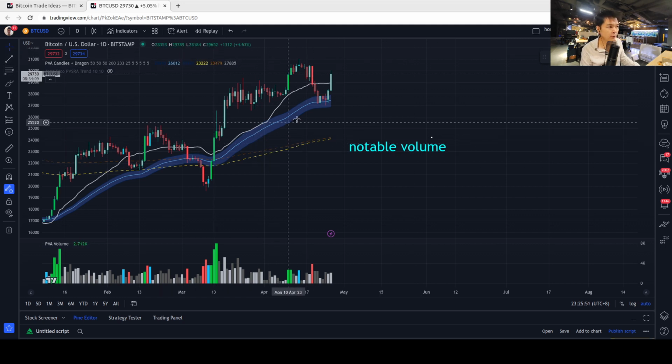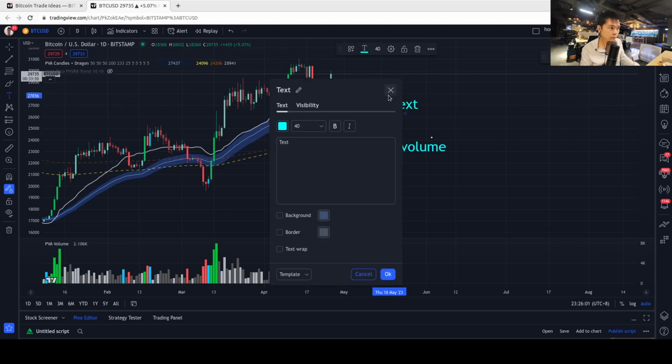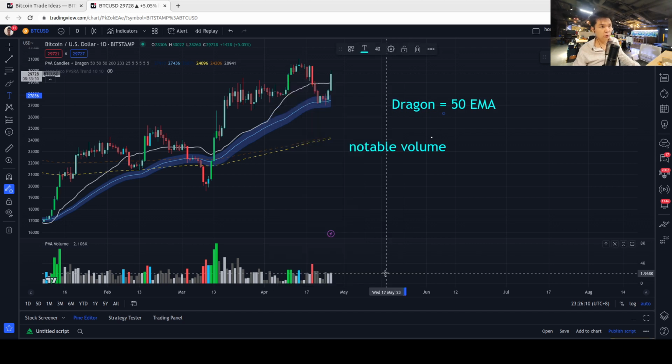This blue belt that you can see with the lower band, the upper band and the middle line is the dragon, which means the 50 EMA, the 50 exponential moving average.